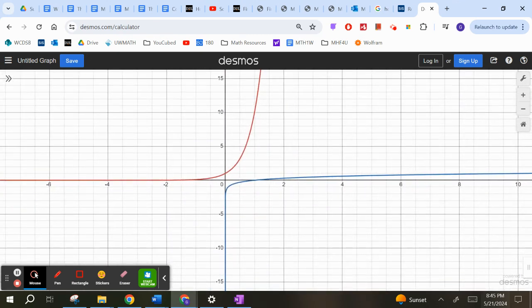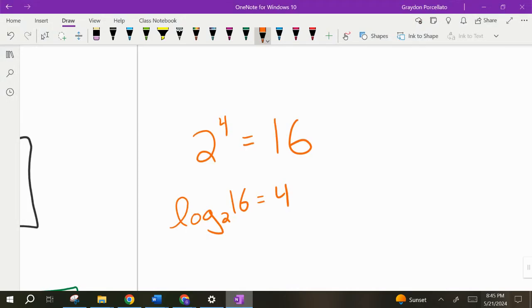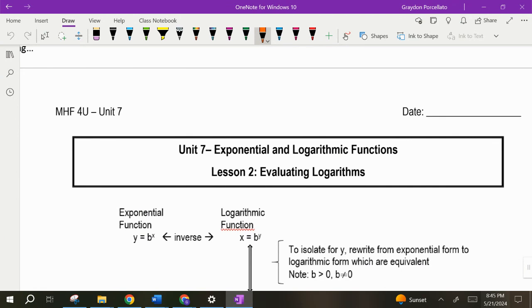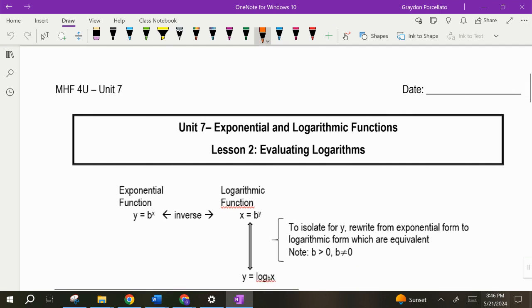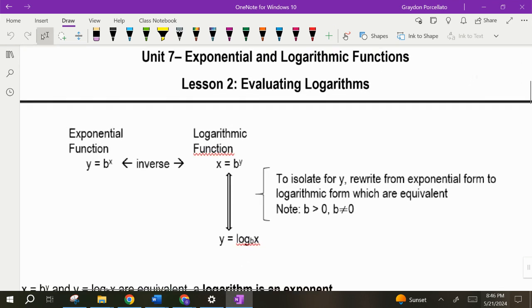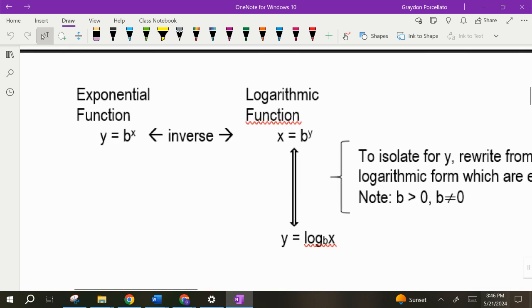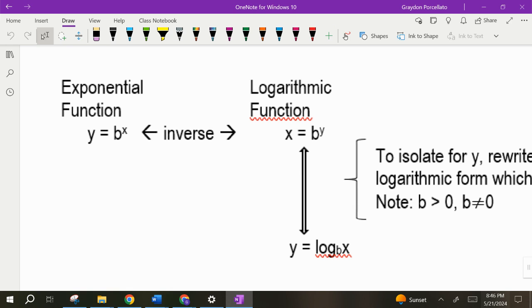Okay. So let's get to today's lesson. This lesson looks at evaluating logarithms. Okay. And again, just going over yesterday, the exponential function and a logarithmic function look like this.